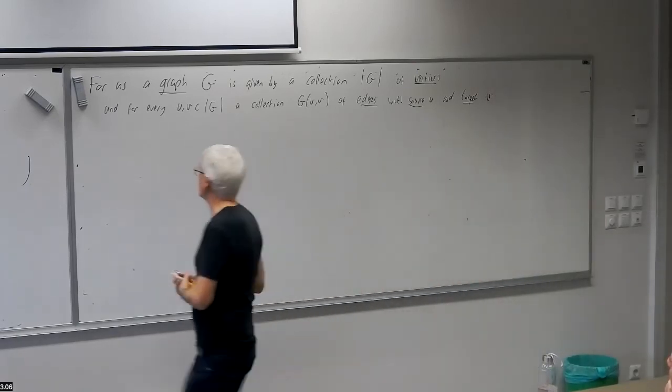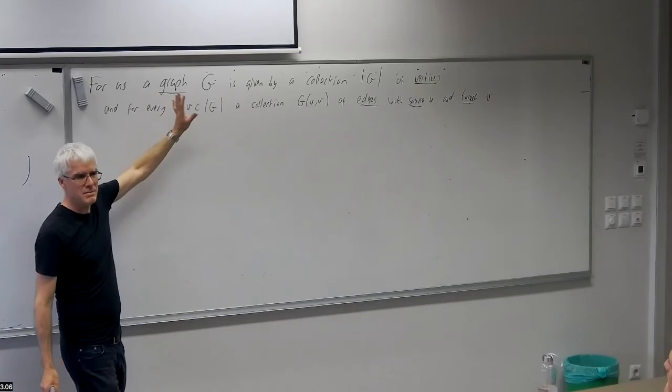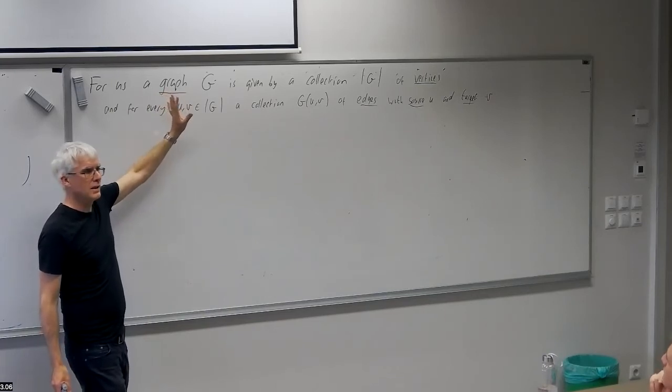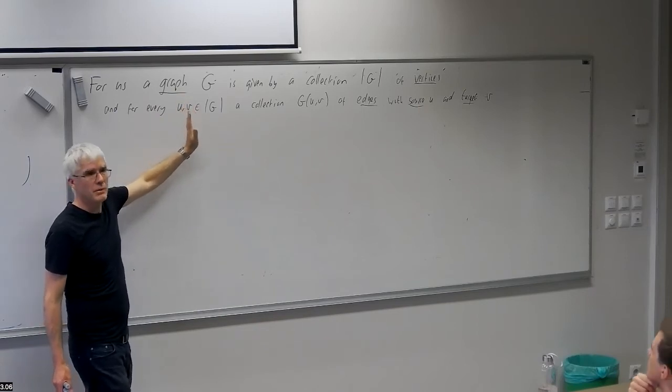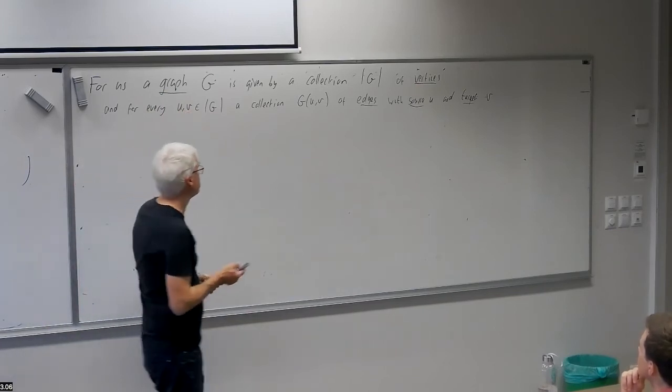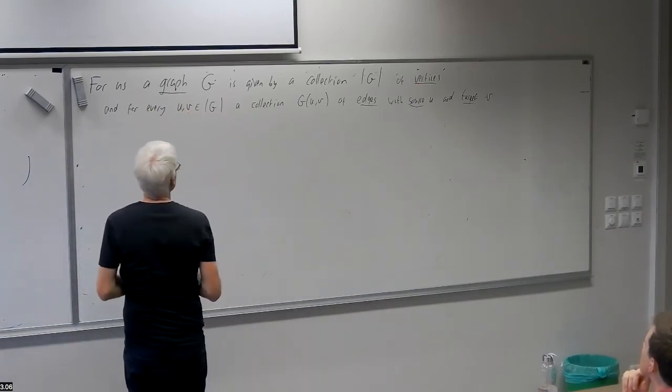I've written it this way because a graph is just the same data as for a category, except that we don't have identities. We're not requiring identity edges, and we're not requiring a composition operation on edges.